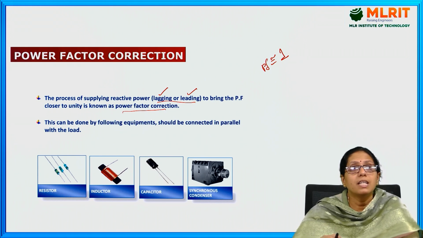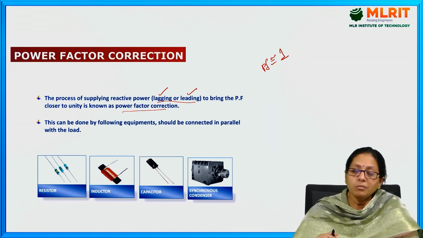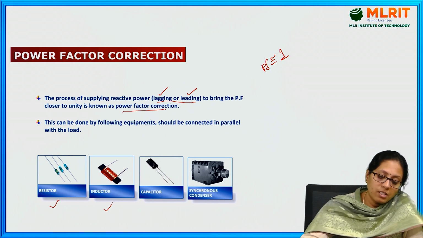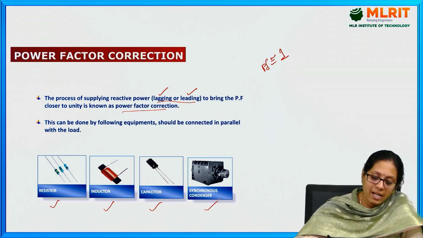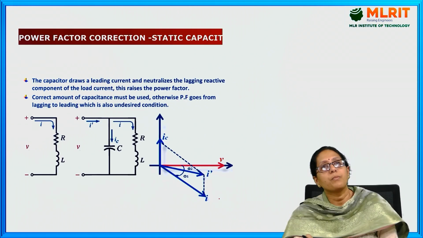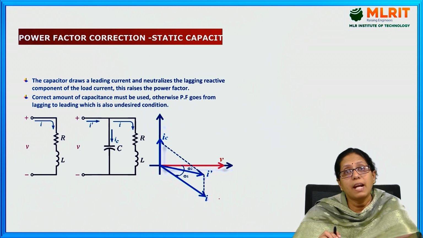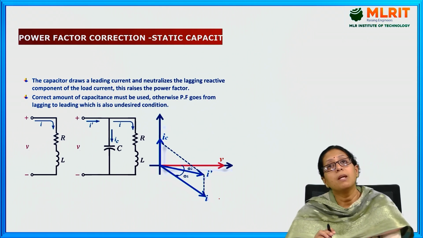This can be done by using equipment like resistors, inductors, capacitors and synchronous condensers. Here you can see power factor correction using a static capacitor. By using a static capacitor, you are trying to compensate the power factor.